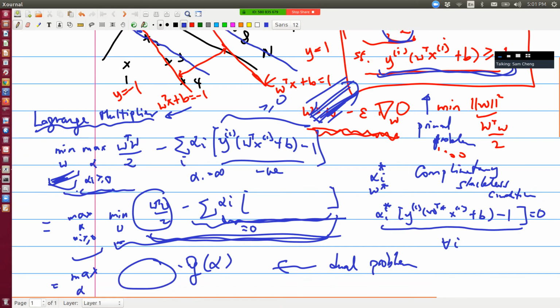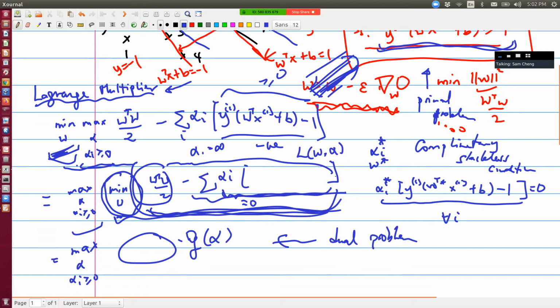Also, besides this condition, since I'm trying to minimize this as an unconstrained optimization over W, if I call this whole thing, I'm sorry, it's a little bit hard to read now, a function L(W, alpha), then the gradient of L with respect to W should be equal to 0. So I have this condition, I have this condition, and I should also have alpha_i bigger than or equal to 0.